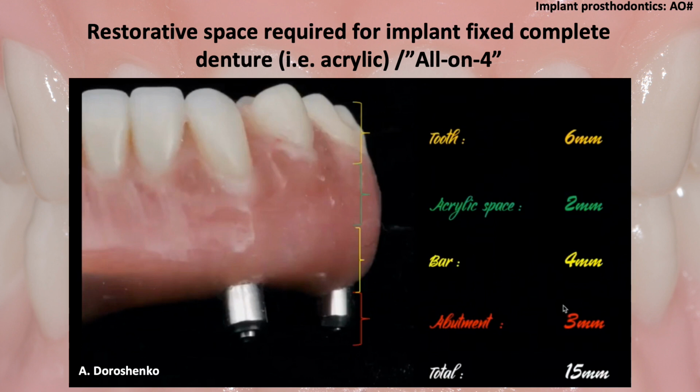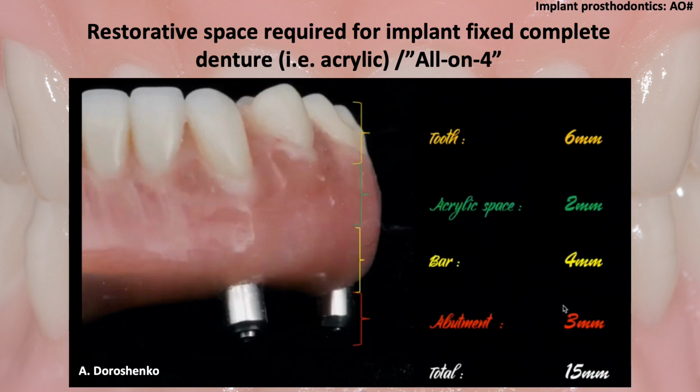So you should really know how much restorative space we need for, let's say, all-on-4 that is made out of acrylic, and that which is oftentimes supported by a metal substructure, and that's what the bar is.